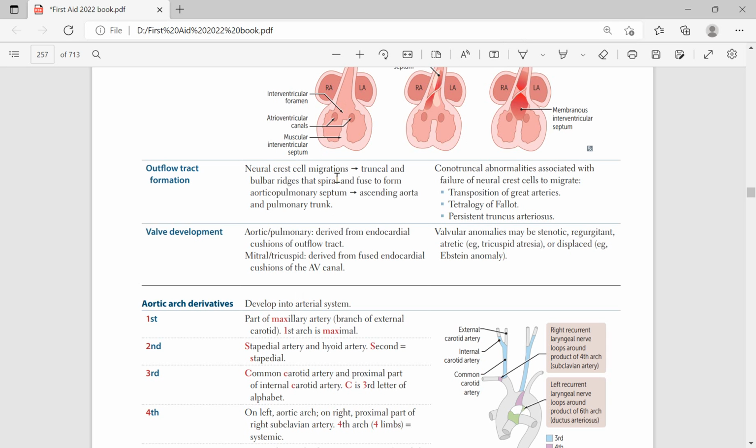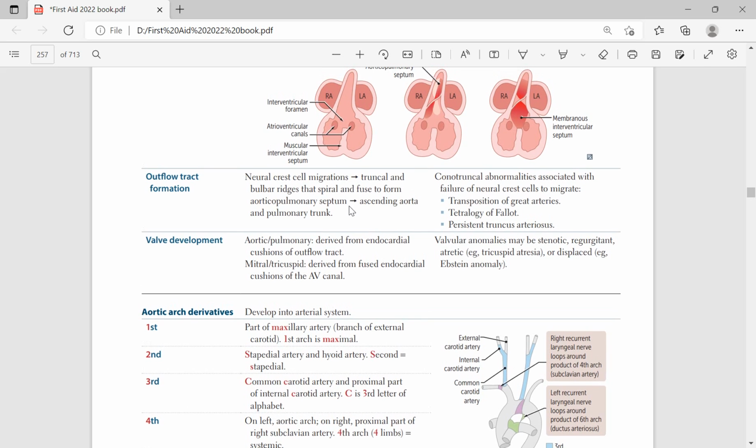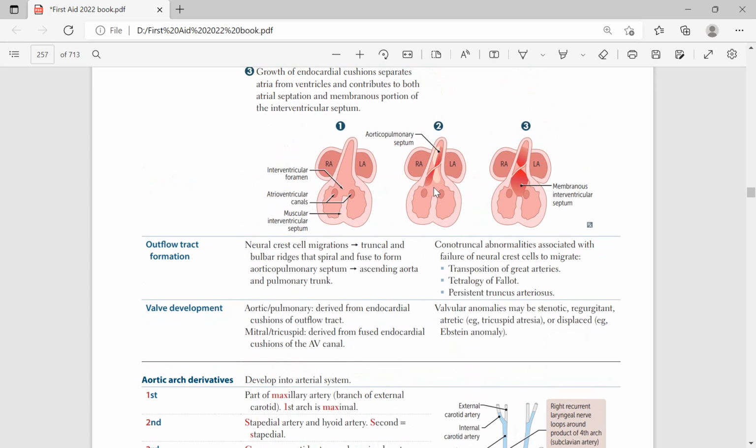So, neural crest cell migration: truncal and bulbar ridges spiral and fuse to form the aorticopulmonary septum. We know the aorticopulmonary septum helps to form the membranous portion of the interventricular septum.